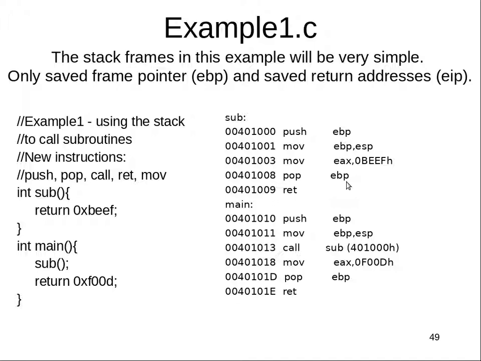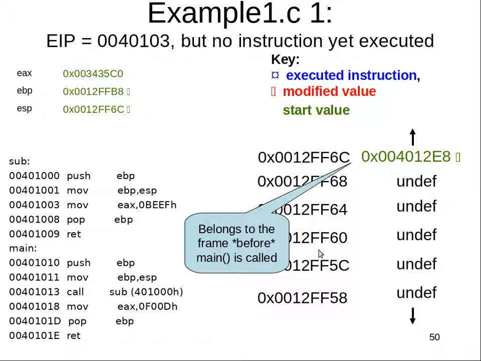In all technicality, they were not necessary for this call to sub, but since we're trying to follow the calling conventions, the C-decl calling conventions, we are going to perform those operations. And so that is returning beef, and then down here we move into foo. So notice when you do call, you're saving off the EIP onto the stack. All right, EIP equals, but no instruction executed yet.